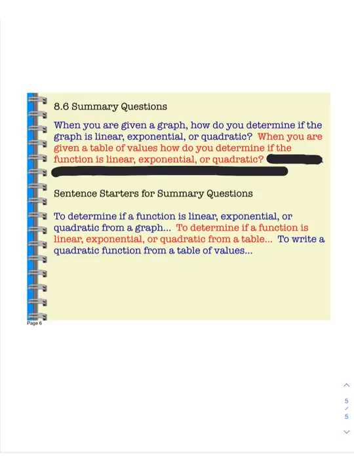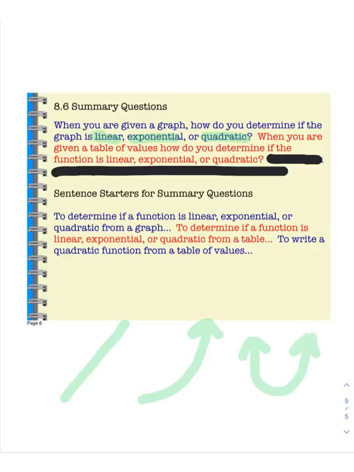All right, so summarizing the notes for today, when you are given a graph to determine if it's linear, exponential, or quadratic, you can look at the shape of the graph. Linear is going to be a straight line. Exponential has that exponential curve, and quadratic looks like a parabola.